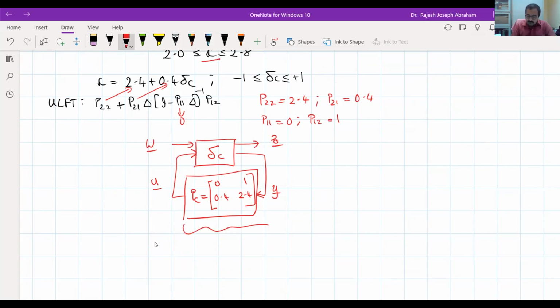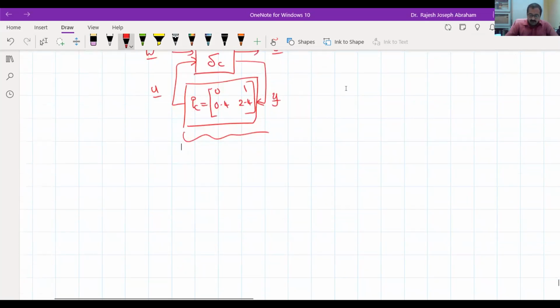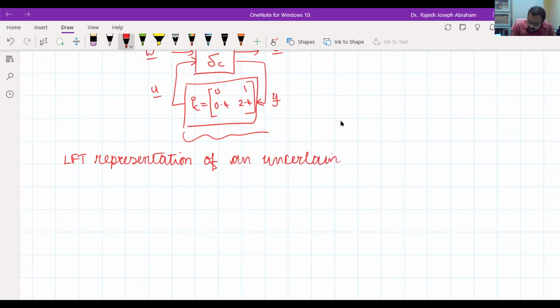Now let us take the example of a system. Suppose we have a mass spring damper system. LFT representation of an uncertain mass spring damper system.